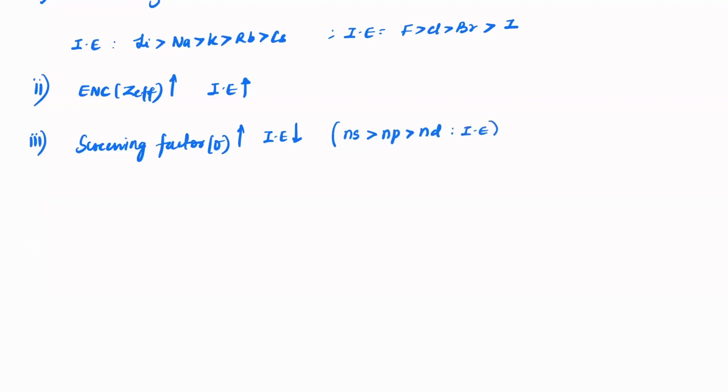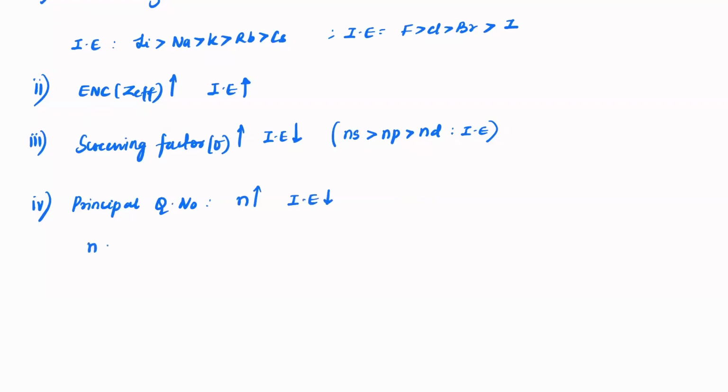Okay. Next, the fourth factor is the principal quantum number. If the n value increases, you are going away from the nucleus. If you go away from the nucleus, ionization decreases.